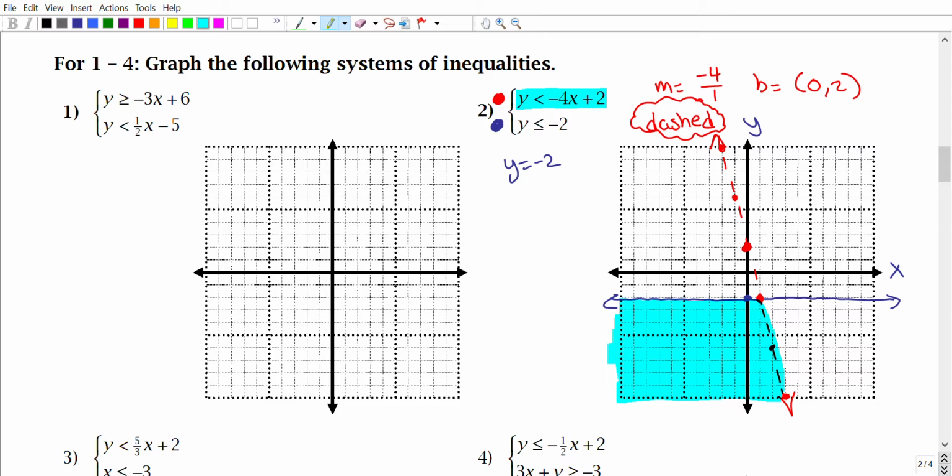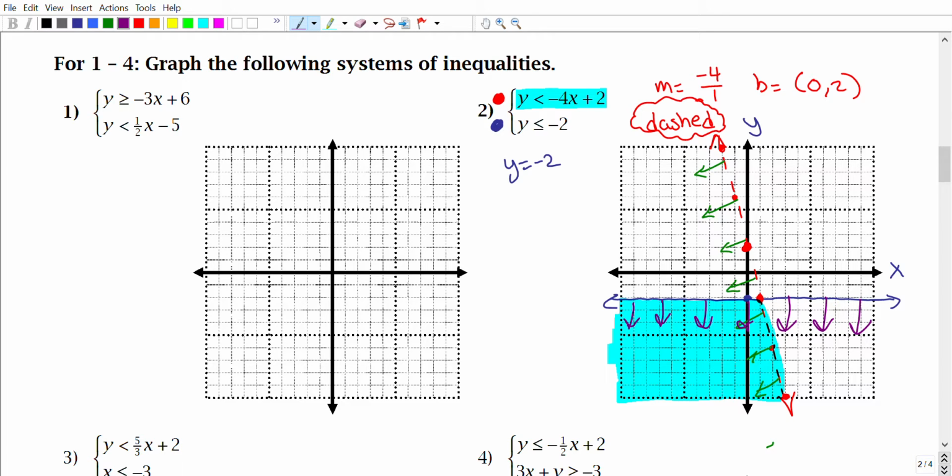Again, if you had done it with your arrows, this is what it would have looked like. You would have shaded below down here, so a bunch of arrows going like that, and you would have also shaded below under the y is less than or equal to -2 line.